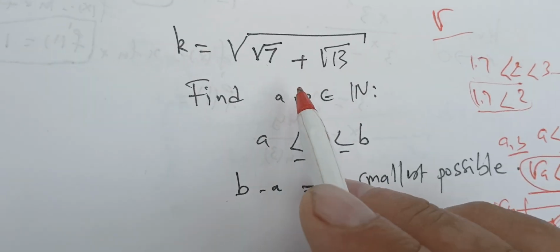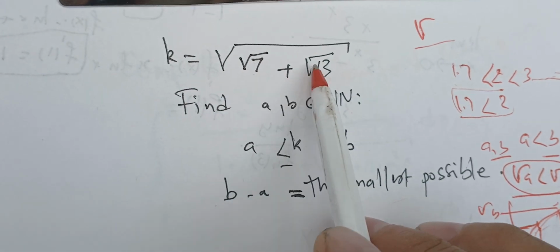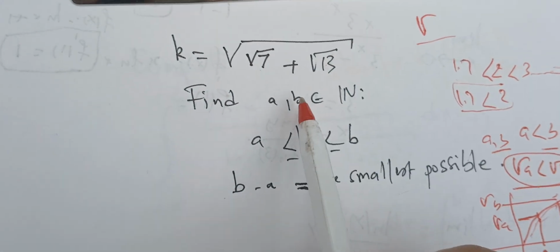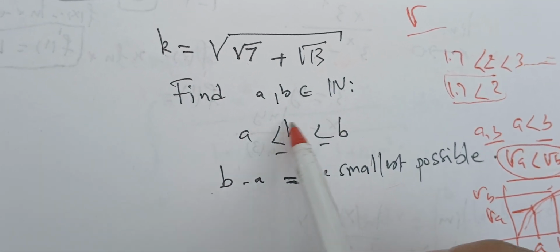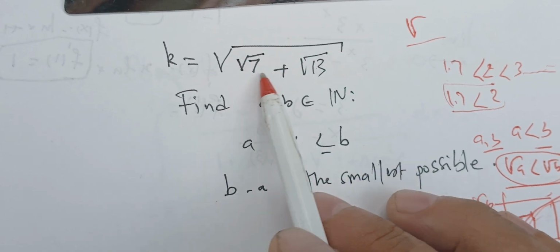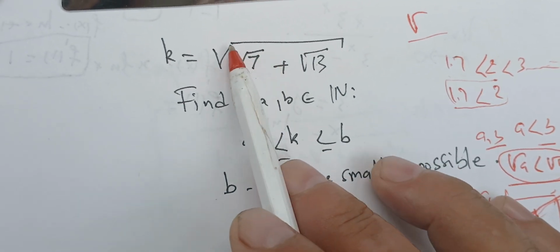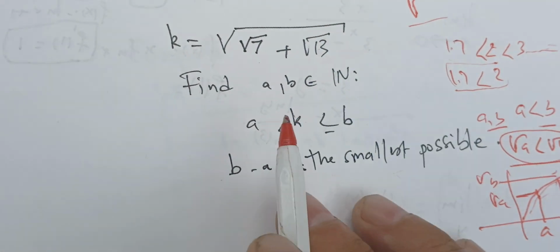We're going to work specifically with the square root of 7 and the square root of 13, trying to find an upper bound and a lower bound to get positive integers a and b. First we start with the square root of 7.